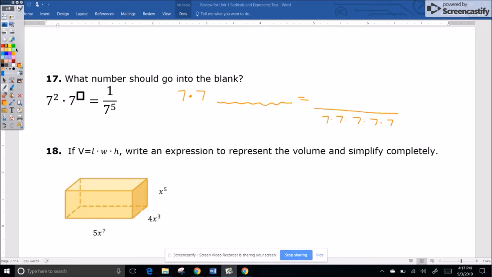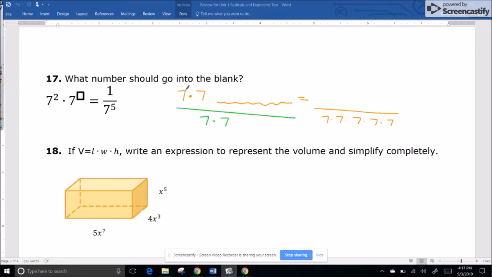So think about if I put some 7's down here. What would happen if I put 2 of them? They'd cancel out. We wouldn't be left with anything. So how can I ensure that I'm actually left with 5? How many would have to be down there if I canceled 2 of them out? 7. But the 7 7's are in the denominator. So that makes this a negative 7.